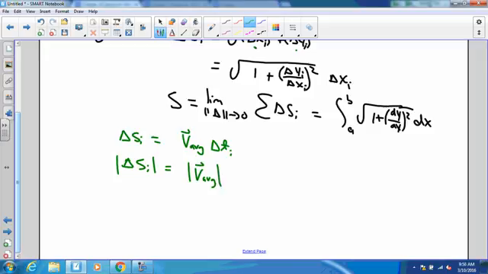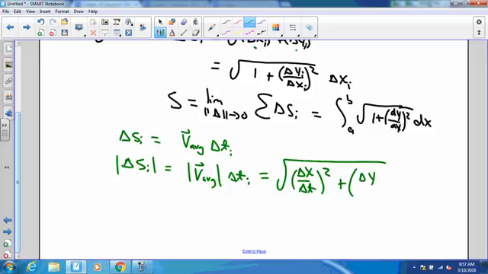So that the magnitude of the delta s is going to be equal to the magnitude of the average velocity times the absolute value of a positive quantity delta t sub i. In other words, it's going to be equal to the square root of (delta x over delta t) squared plus (delta y over delta t) squared, times delta t for each one of these.